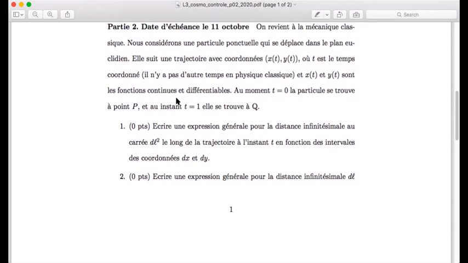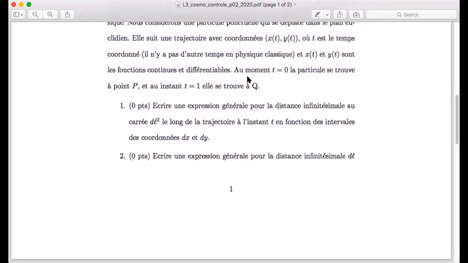They're continuous, obviously, and at least one-time differentiable, which means I can define the velocity at each point along the curve. At the time t equals 0, the particle is located at point P, and at the parameter value t equals 1, it's at the point Q.